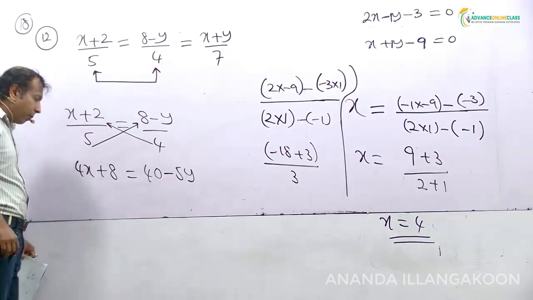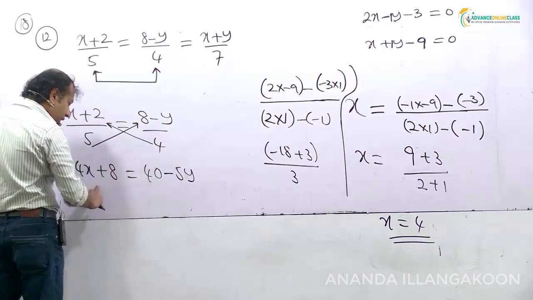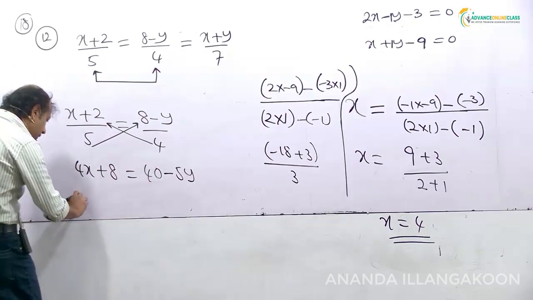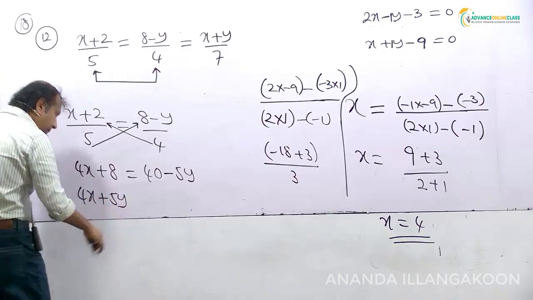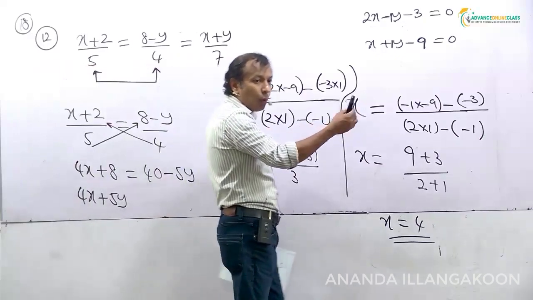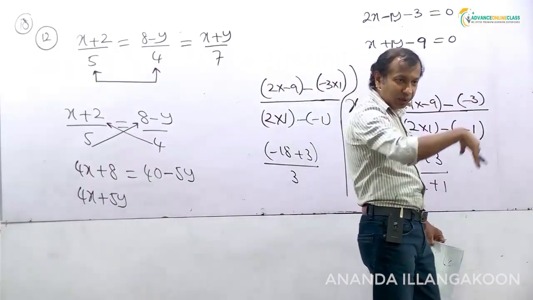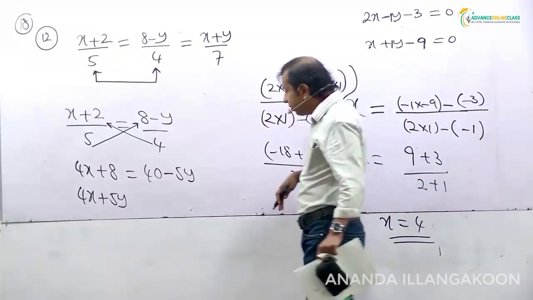Now what do we do? This 8 we take to the right hand side. Minus 5y we take to the left hand side. Then what do you get? 4x plus 5y. People, now we are supposed to apply this method, no? Then there's no point in keeping the constant on the right hand side. We'll bring that also to the left hand side. Then see what happens there, people.